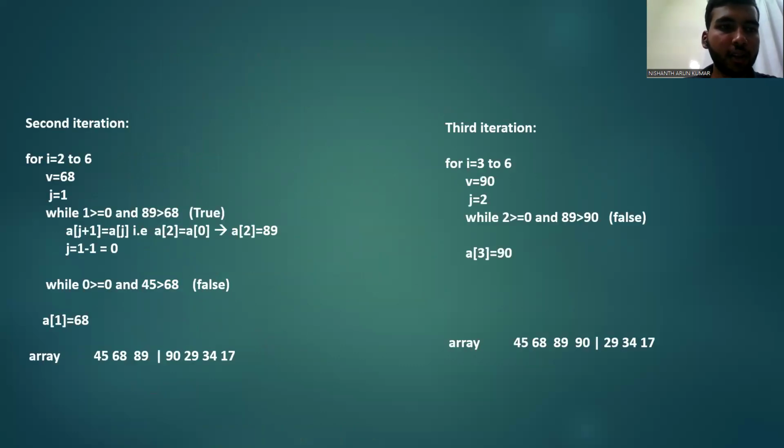Next, the second iteration is for i equals 2 to 6. v is equal to 68, j is equal to 1, while 1 is greater than or equal to 0 and 89 is greater than 68, it is true.